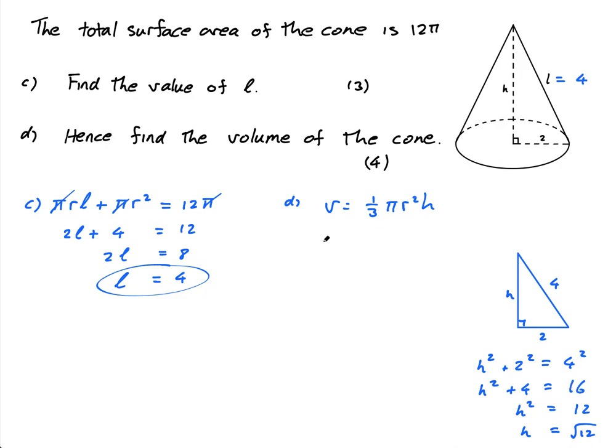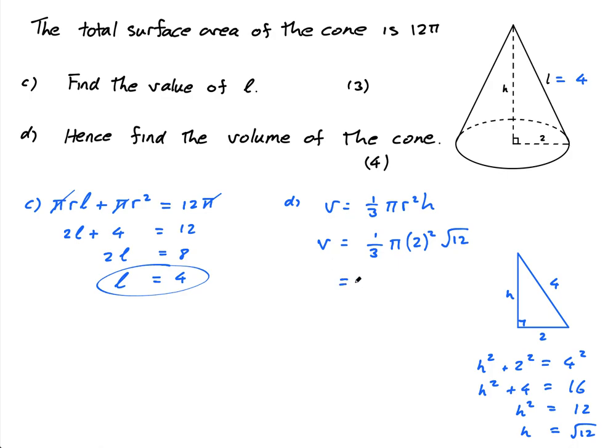So I can just say volume equals a third pi r squared, which is 2 squared, times h, which is root 12. I do need to simplify this a little bit.